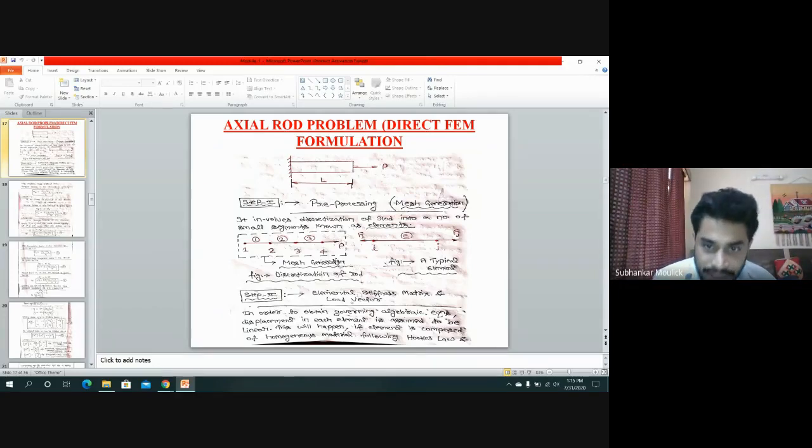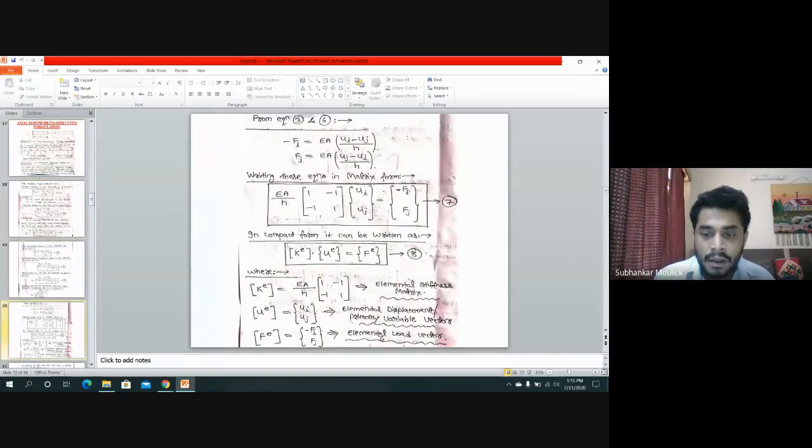If you draw the free body diagram of each and every element individually, this will be the free body diagram on the right hand side. In that free body diagram, each element will experience internal force at each and every node due to this overall load P. So that is your elemental load vector. Again, force is also a vector quantity because it has magnitude and direction, so I am writing it as elemental load vector.